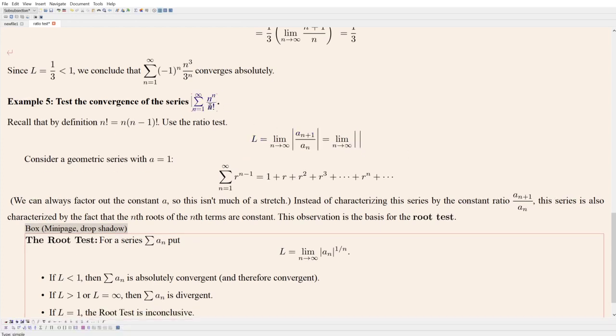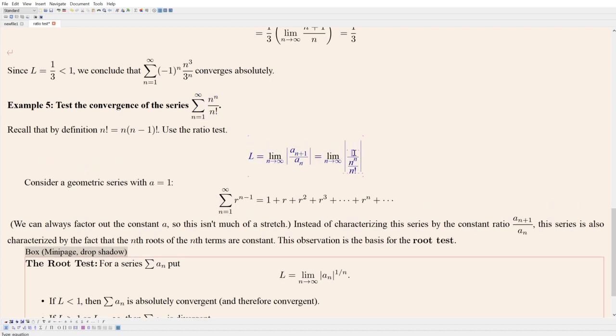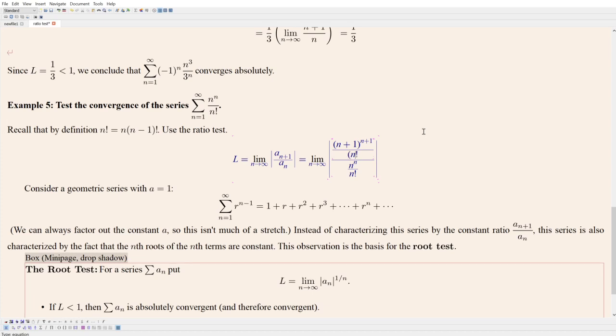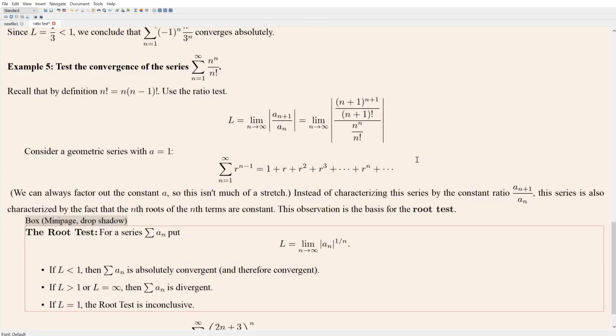Okay. So, put the nth term on the bottom and the (n plus 1)th term on the top. So everywhere you see an n, replace it with n plus 1. Okay. Now, first off, notice that everything here is positive, clearly, so the absolute values don't have anything to do.